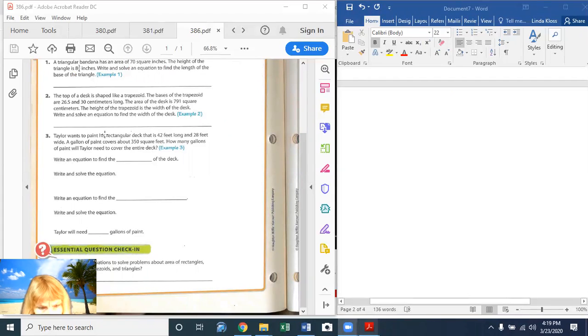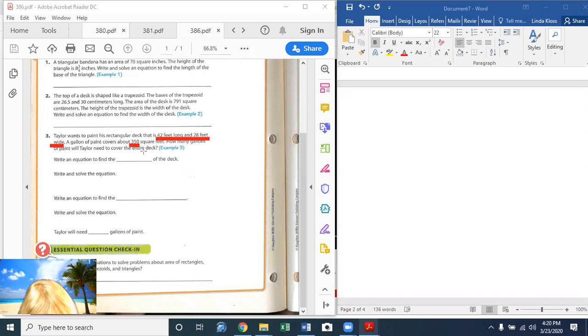Taylor wants to paint his rectangular deck that is 42 feet long, so I better underline that, 42 feet long and 28 feet wide. A gallon of paint covers 350 square feet.